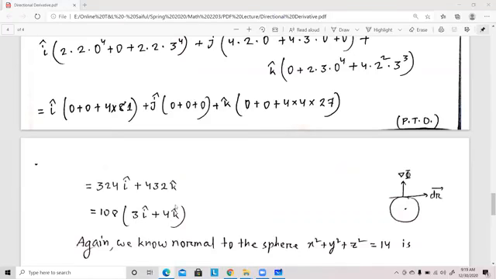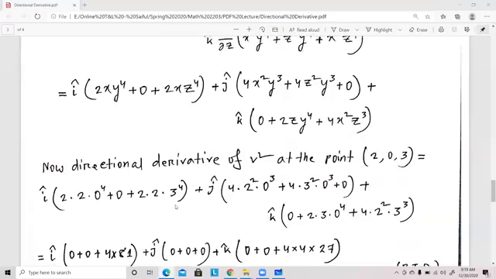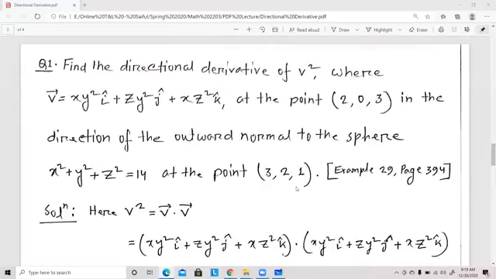So we got the directional derivative of v square at the point 203. Now in the question we are in this stage at the point 203. Now we have to resolve the remaining parts in the direction of the outward normal to the sphere, this at the point 321.